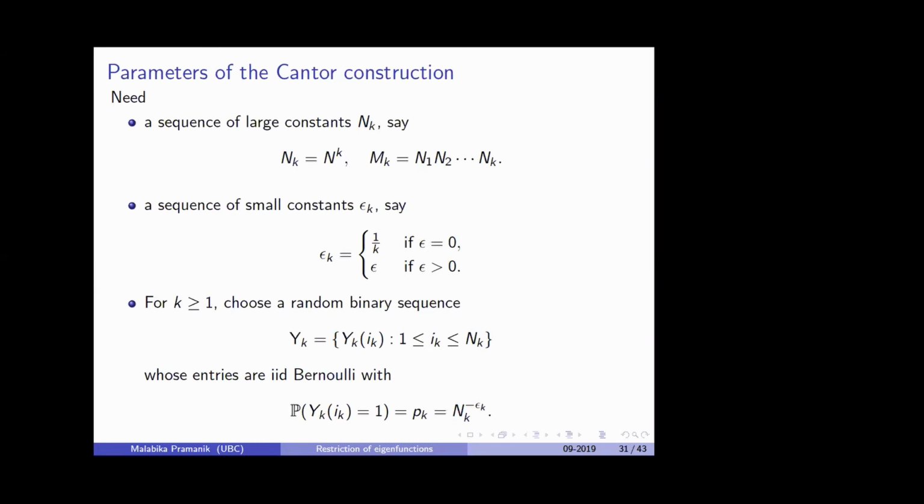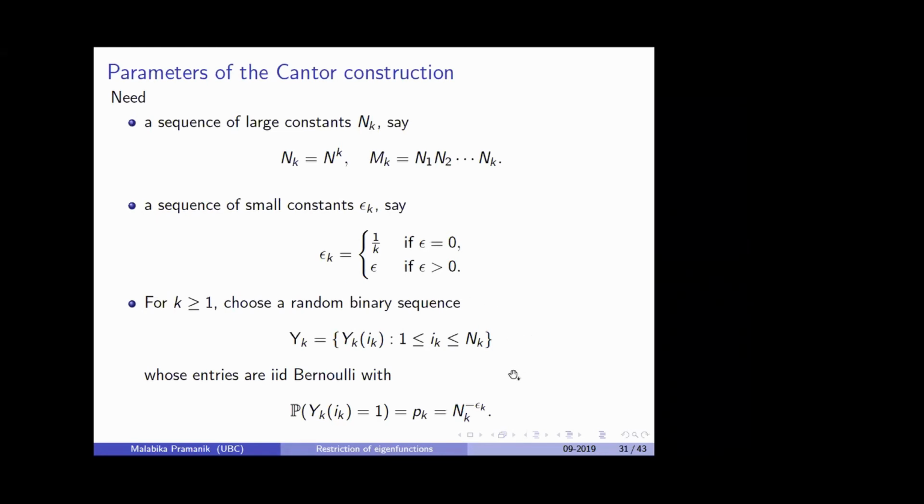The constant N sub k specifies the number of subintervals that a (k minus 1)th level basic interval splits into. Epsilon k is related to the probability of selection at the kth stage, and ultimately this epsilon k is related to the Hausdorff dimension of the set.